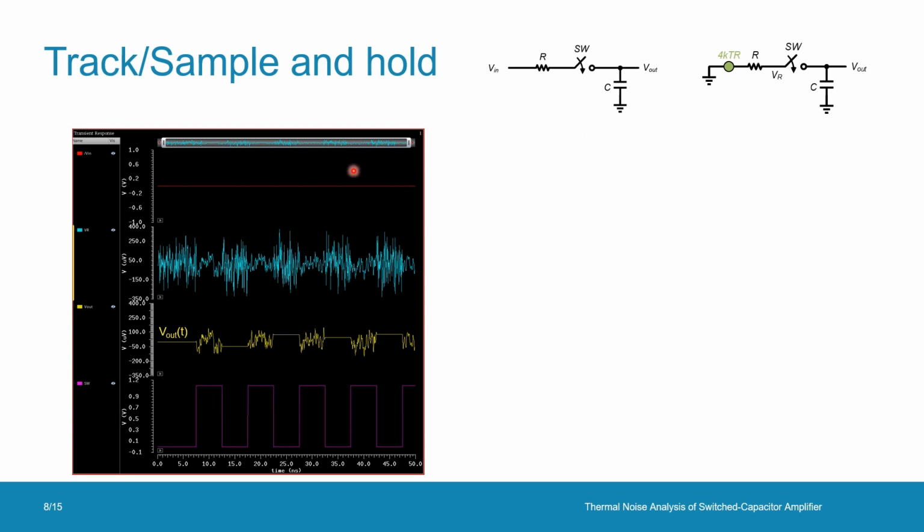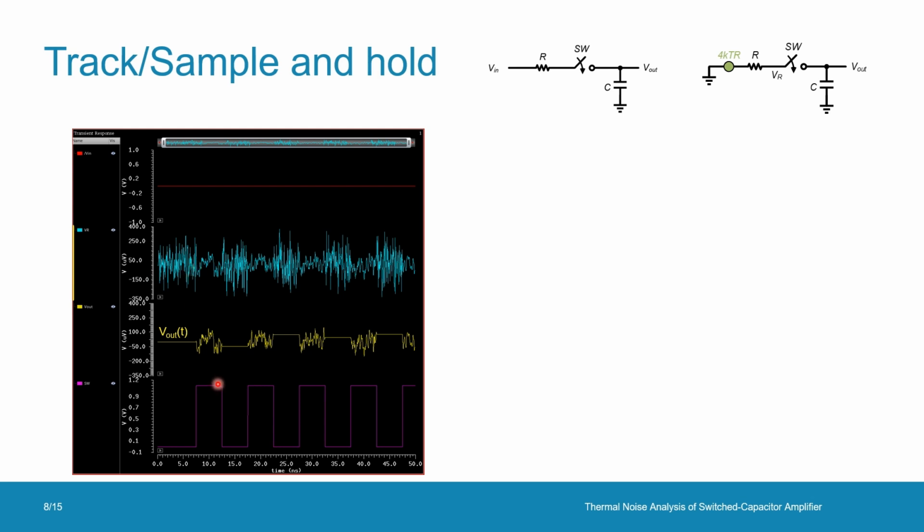And this is a snapshot of a transient simulation. As you can see, we have zero input. So when the switch is off, the output is floating, holding its initial value. Notice that the internal node VR is wiggling around because of the resistor thermal noise.